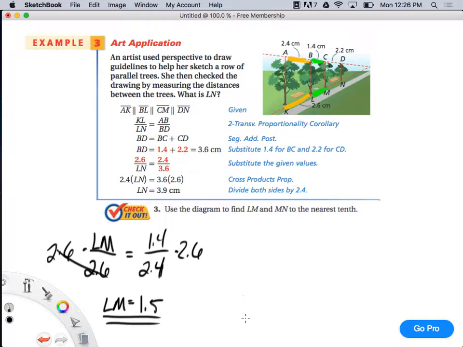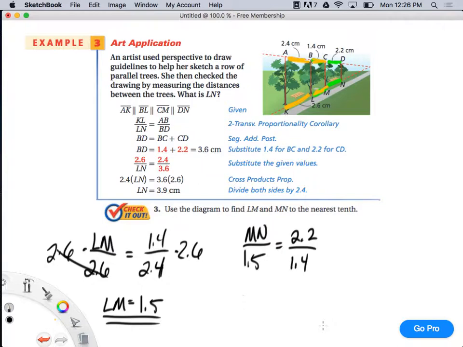Okay. So you do the same thing with MN too. To find MN now, well, now that I have LM, I could make MN my green and use LM and 1.4. So I could say MN over LM, which is 1.5, equals 2.2 over 1.4.